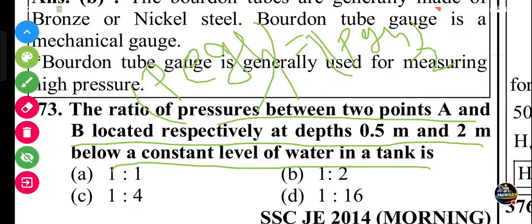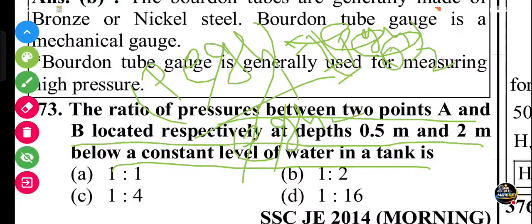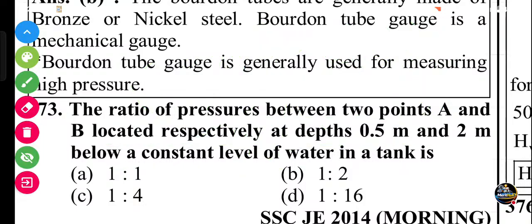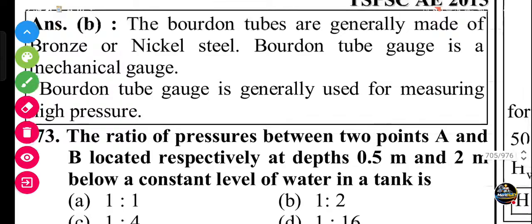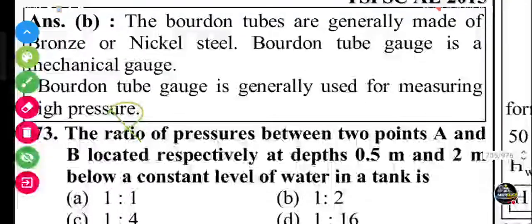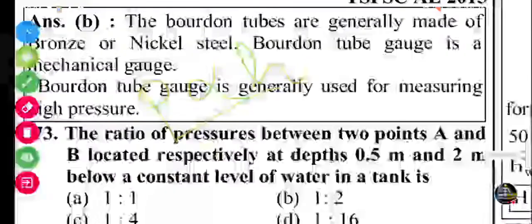The ratio of the pressures: P1 divided by P2 equals rho g h1 divided by rho g h2. Rho g cancels out. 0.5 divided by 2. 1:4. Pressure is directly proportional to height, so P1 by P2 equals H1 by H2.